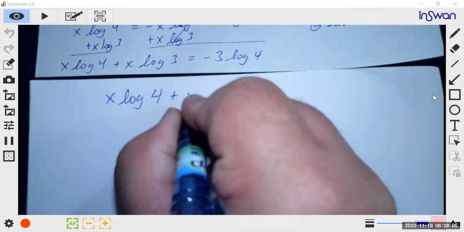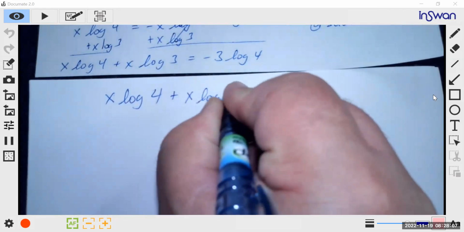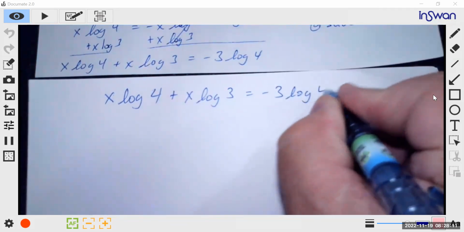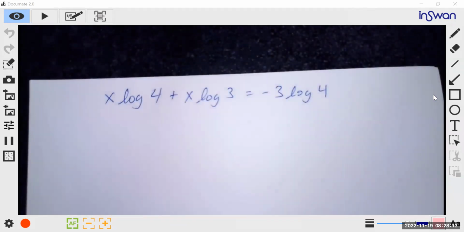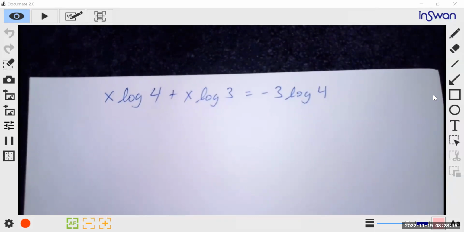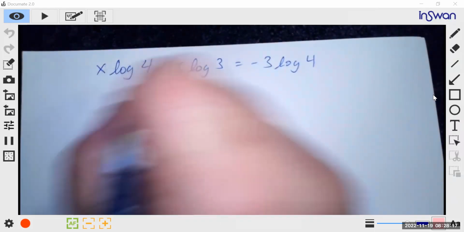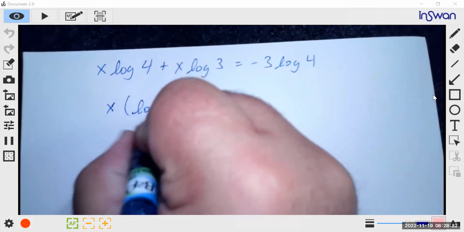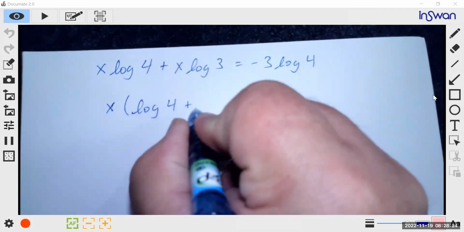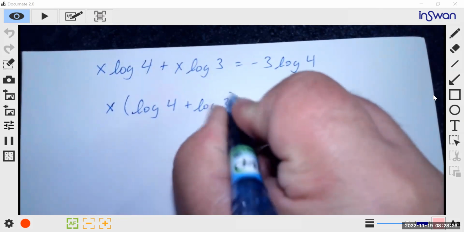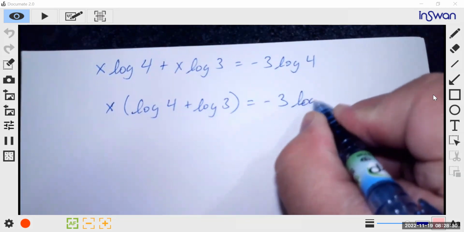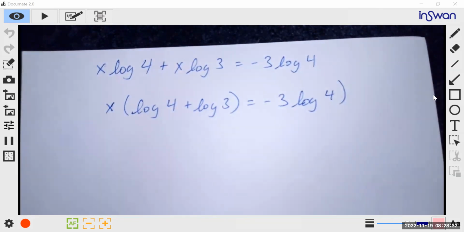So the way we isolate our variable on the left side is we can factor. They both have an x in common, so I take out the x, leaving me with log of 4 plus log of 3 equals negative 3 log of 4.